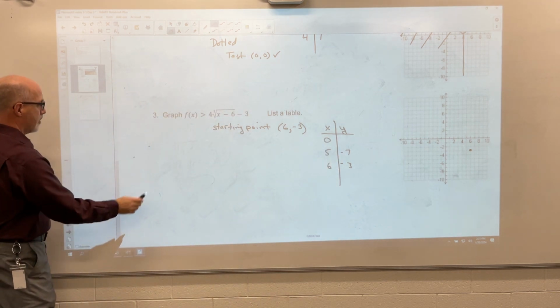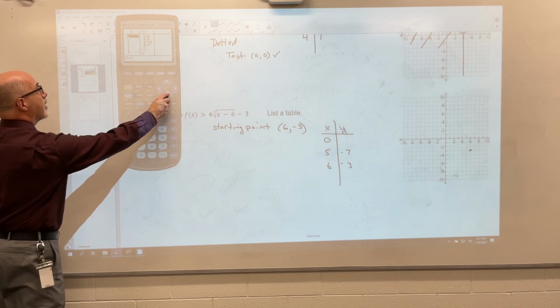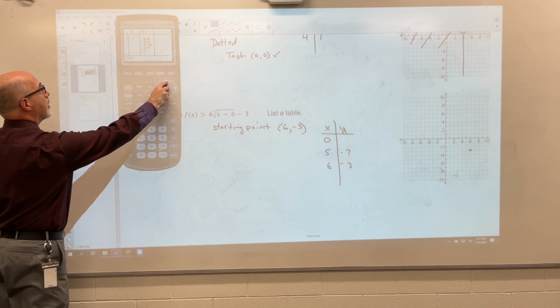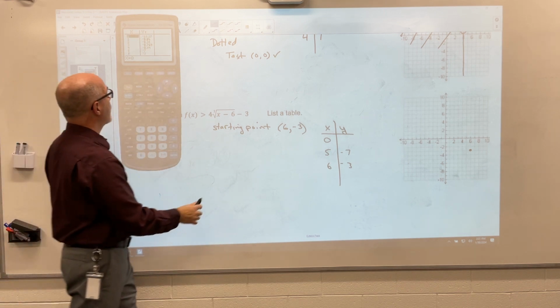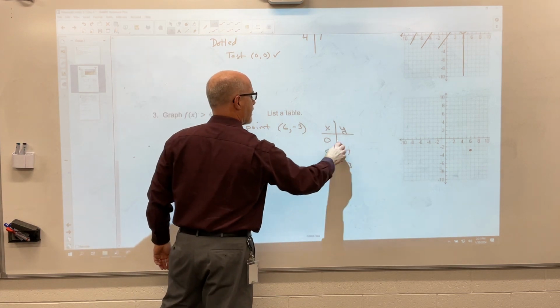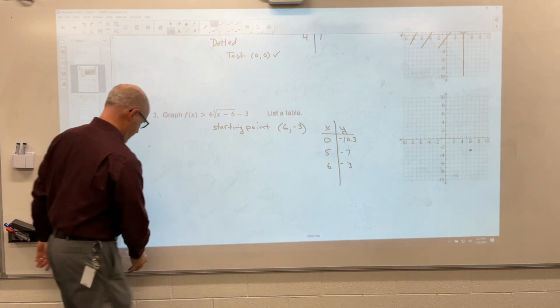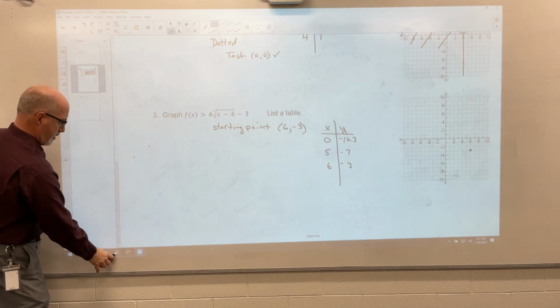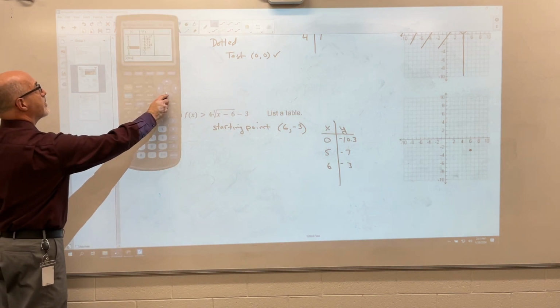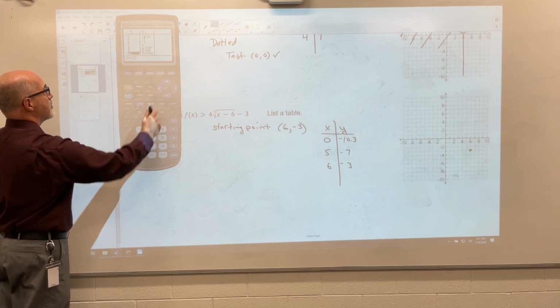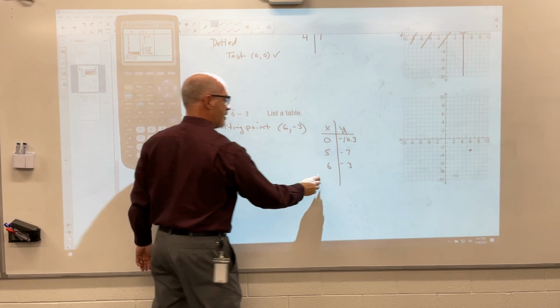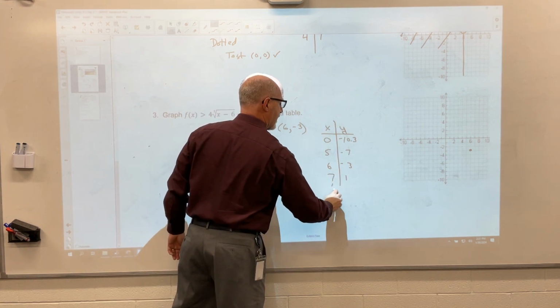So 0, negative 10.3, and let's go above this, so let's get some values above 6. So there's 7, 1, and let's do 10, 3.3.